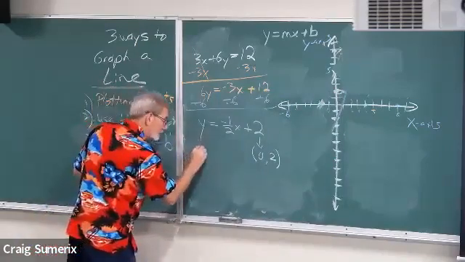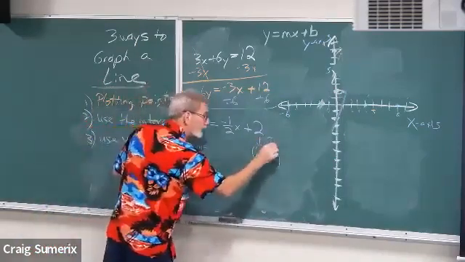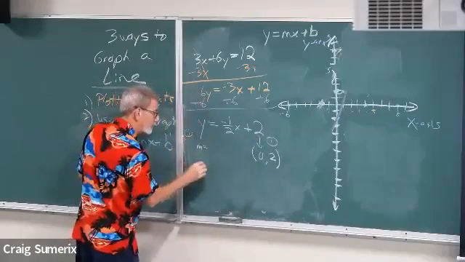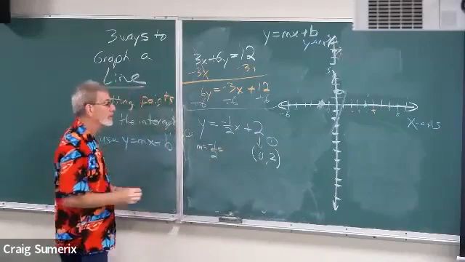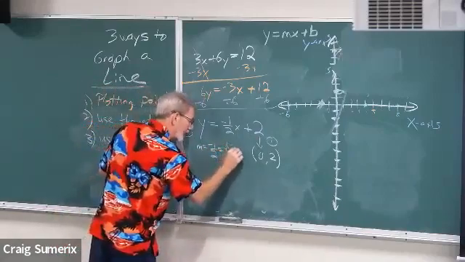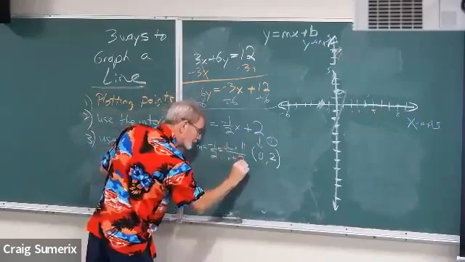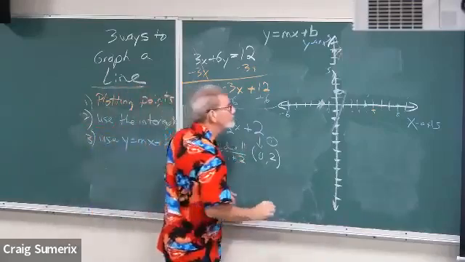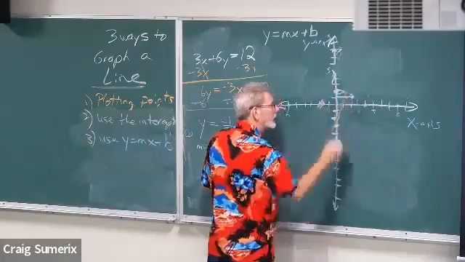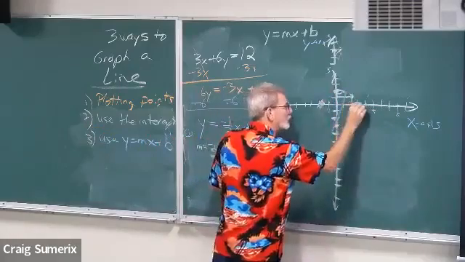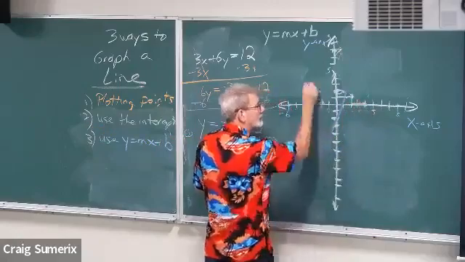What about M? There's our first step. Second step, M is -1/2, which is going to mean what? Down 1 and to the right 2. Boom, there's my next point.